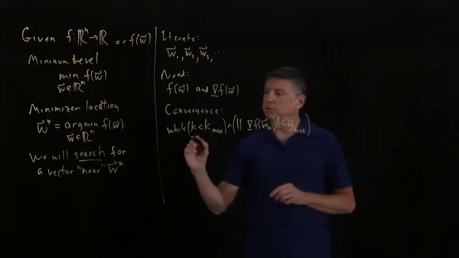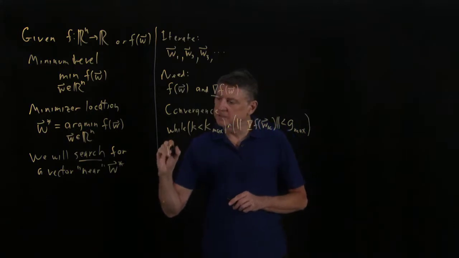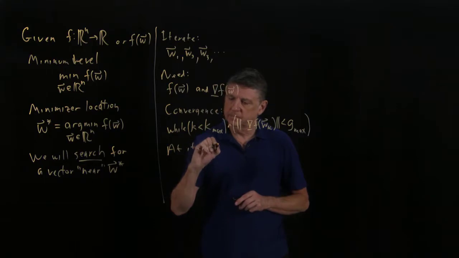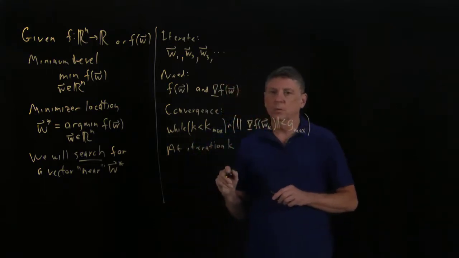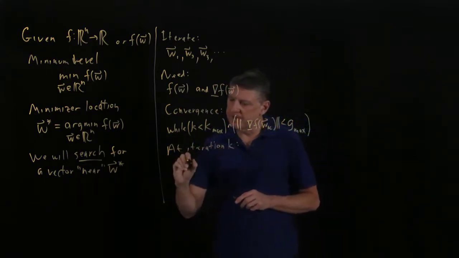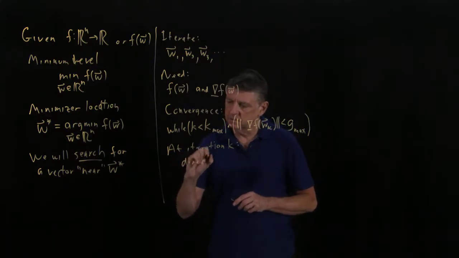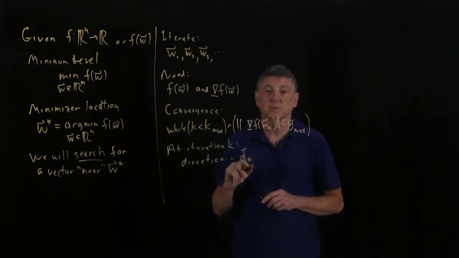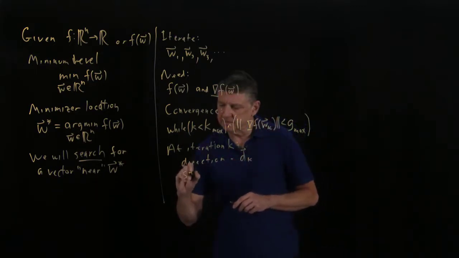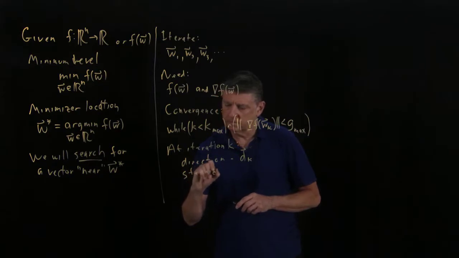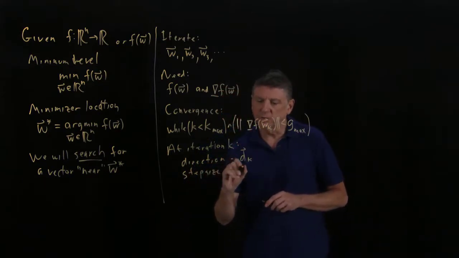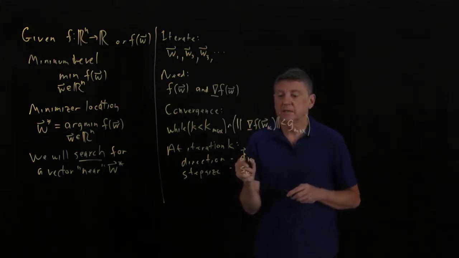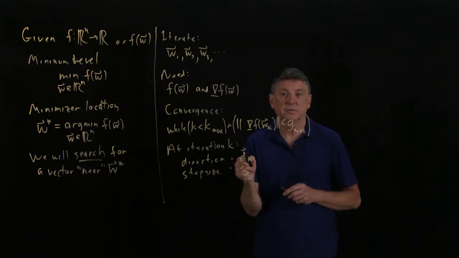So our search, at iteration k, is that we'll find a direction, which we'll denote as the vector d with the subscript k, and a step size, which we'll denote with s sub k. Back in scalar land, this was simply the negative of the derivative.